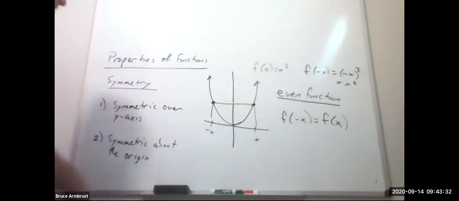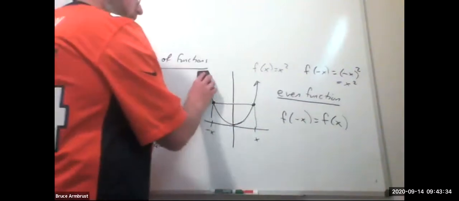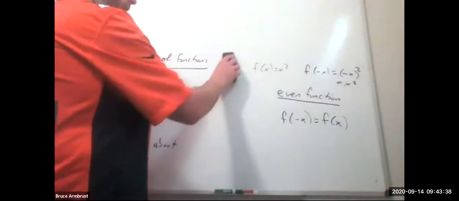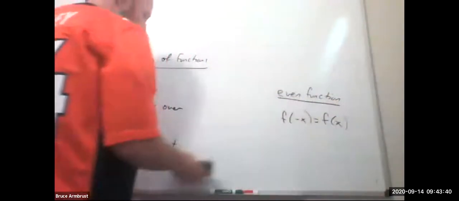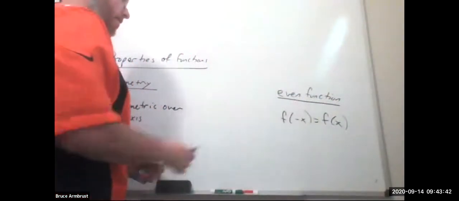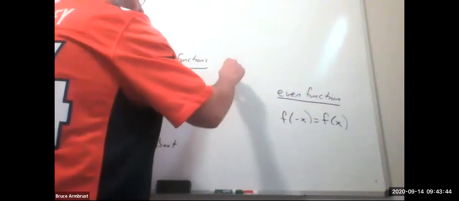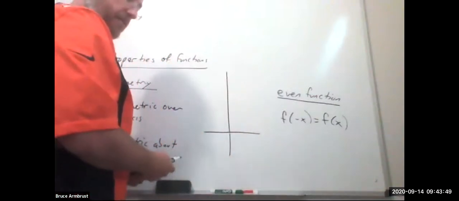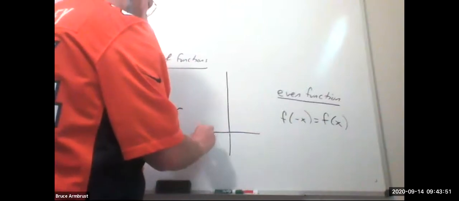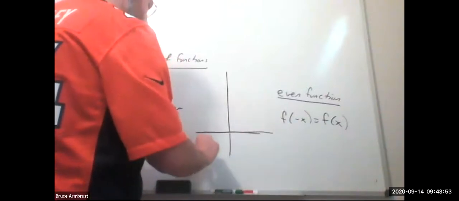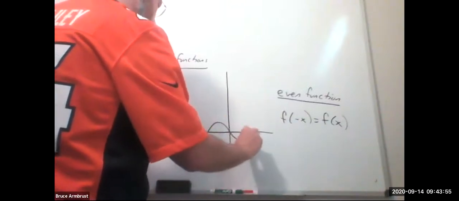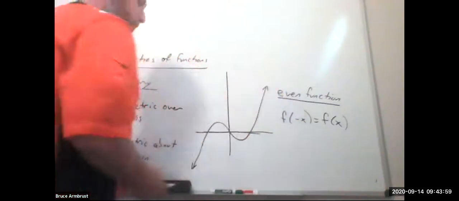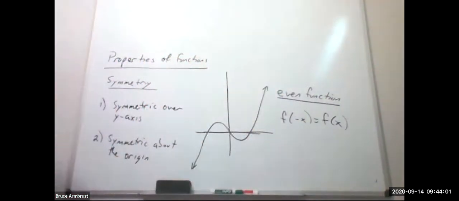So let's look at symmetric about the origin. Now the origin is just a point, it's not a line, so we don't have a mirror anymore. But what we now have is what I like to call rotational symmetry. Like, let's look at this one.